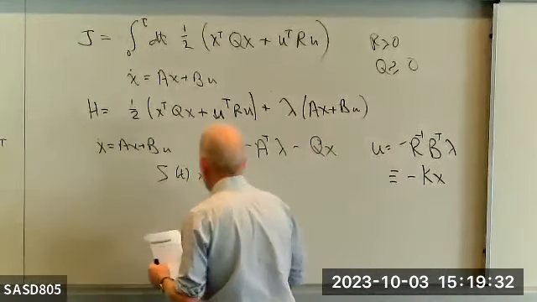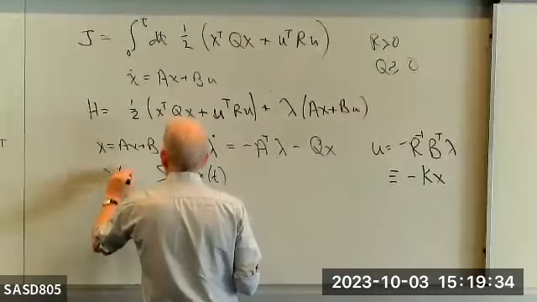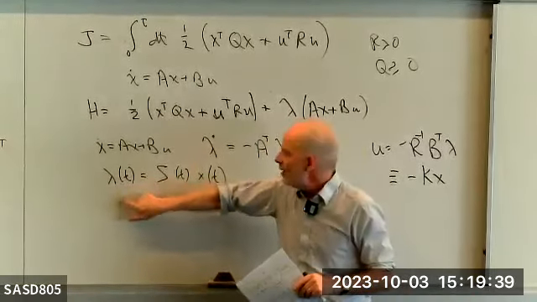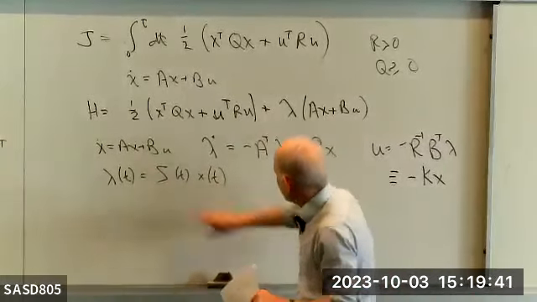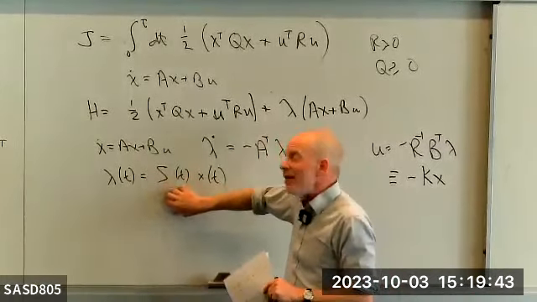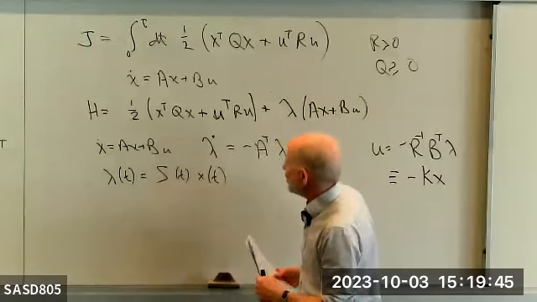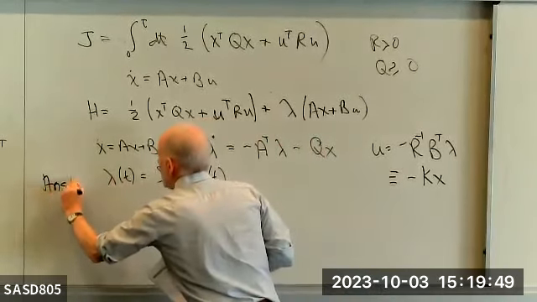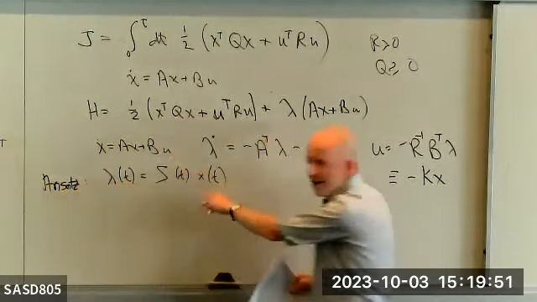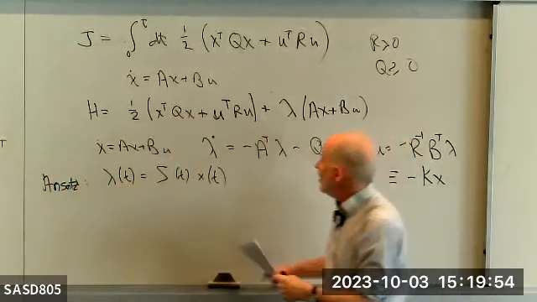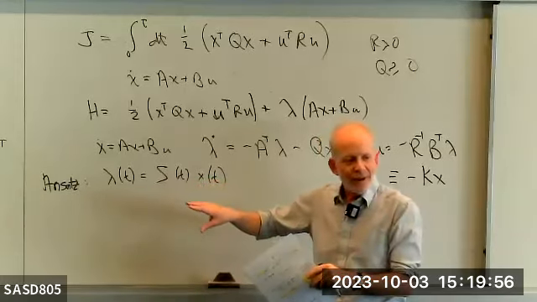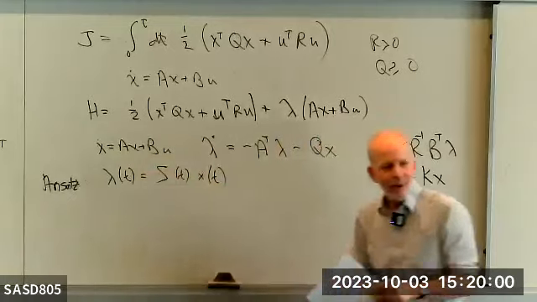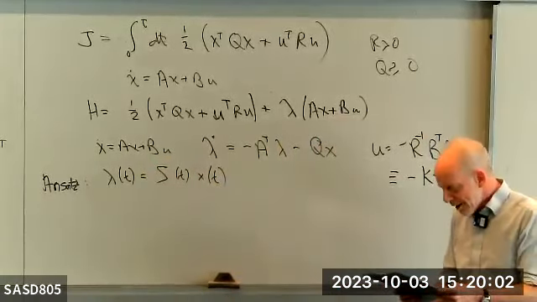Remember lambda and x are both n-dimensional vectors, so this means that S is an n by n matrix. This is just an ansatz. In other words, we're just guessing that this might work, and this only works basically for a linear case. So in general, if you try this, it won't help. But for the linear case, it does.